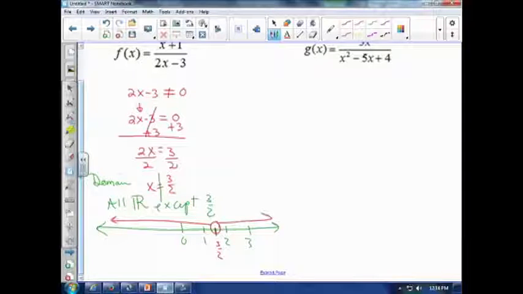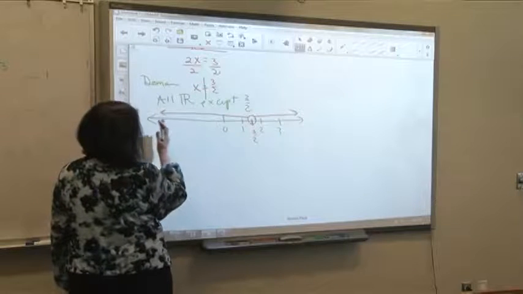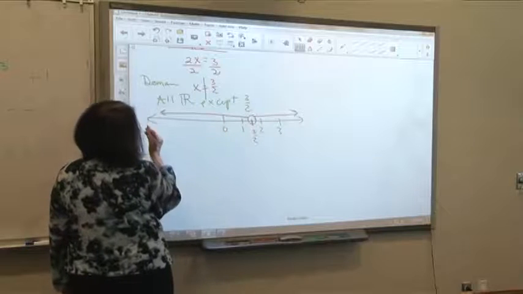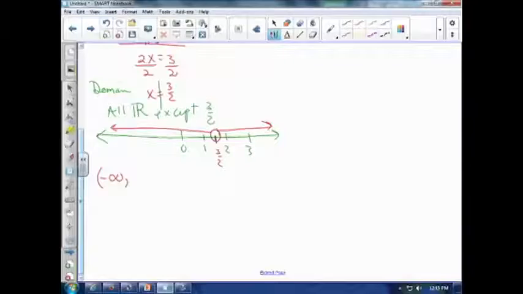So how do we exclude 3/2 by using interval notation? Remember, interval notation, you have to write it left to right. So we're going to go from the left, from negative infinity, right to 3/2. But 3/2 is not going to be included, so I'm going to put parentheses here. If you put brackets, that means you include it, so you have to be careful.